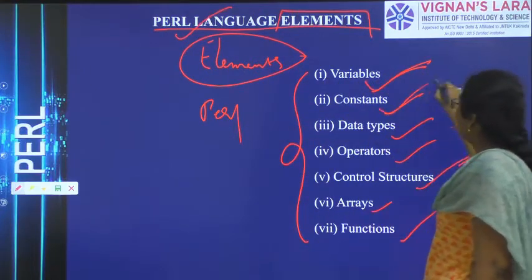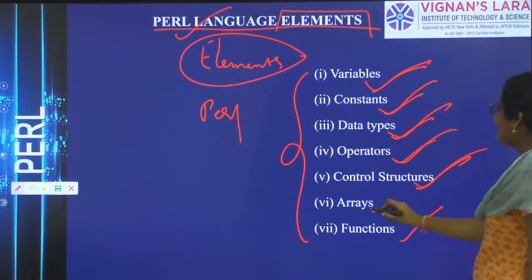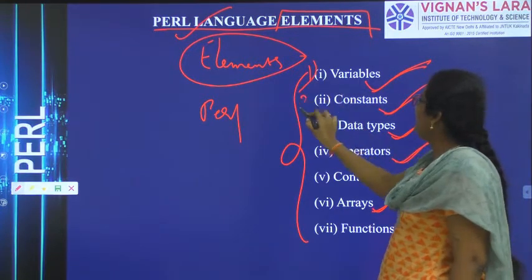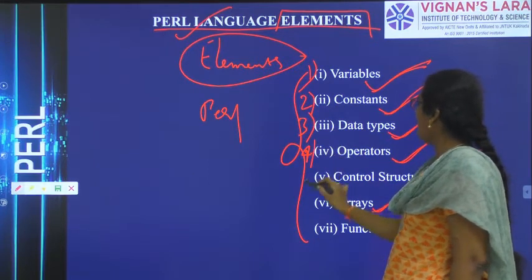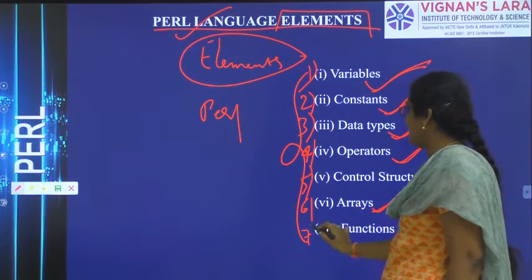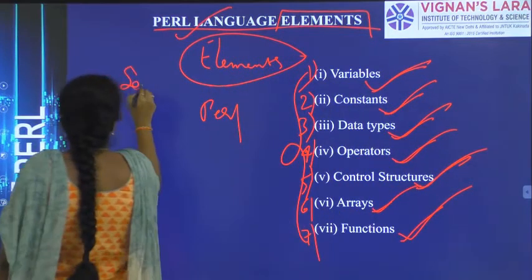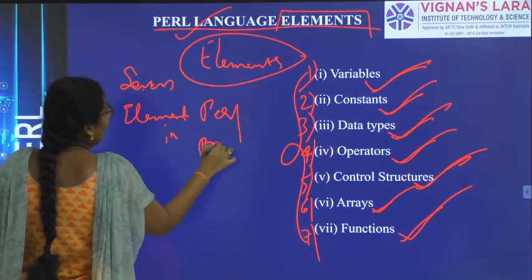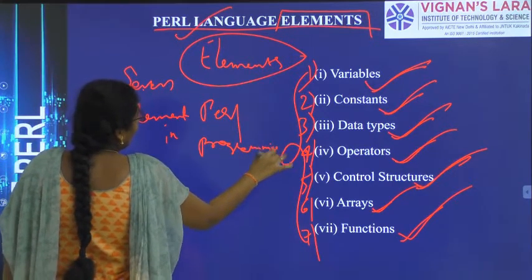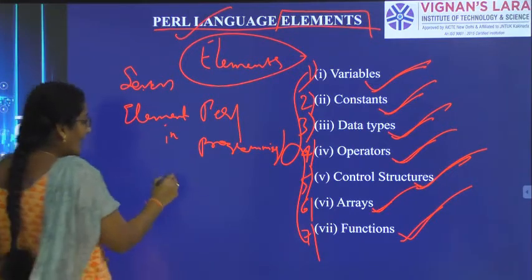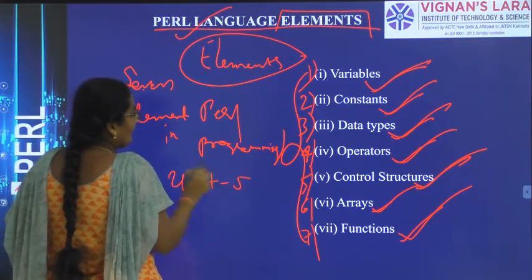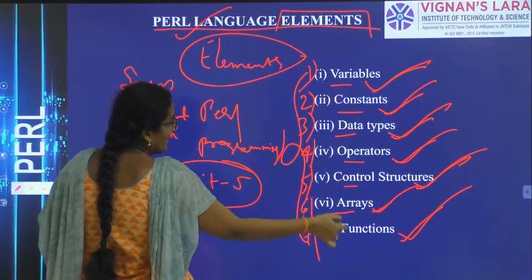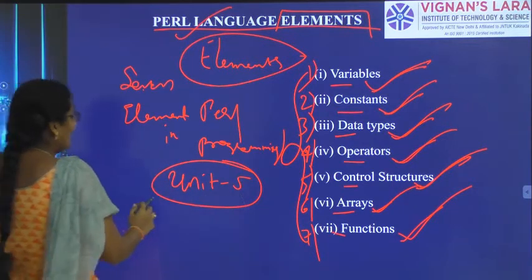So we have 7 elements in Parallel programming. These are the topics of Unit 5, and that is the syllabus of Unit 5.